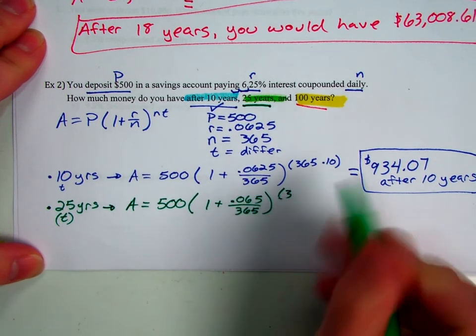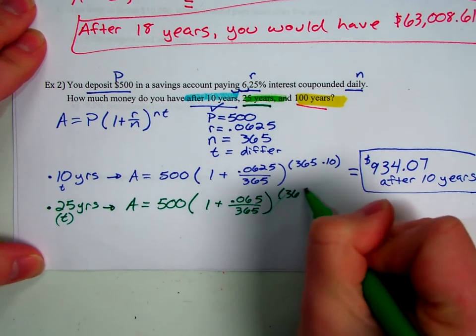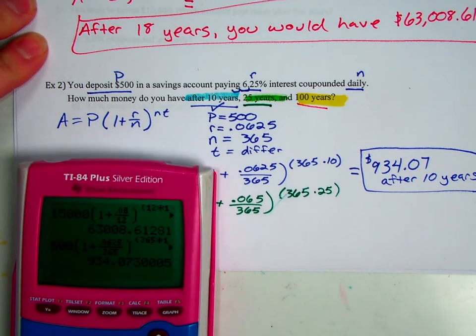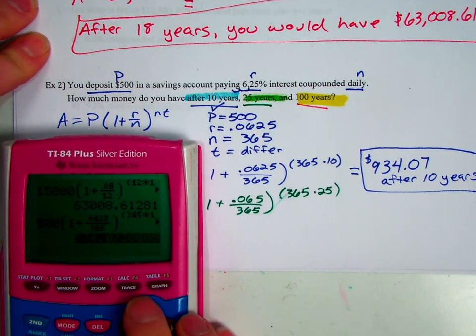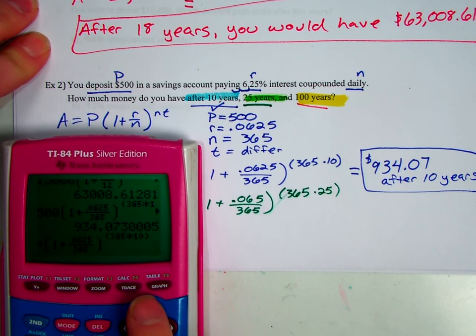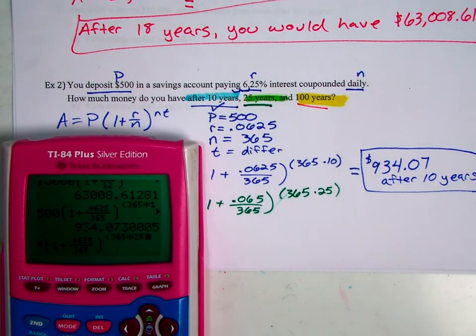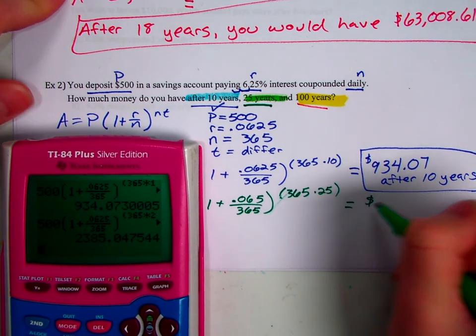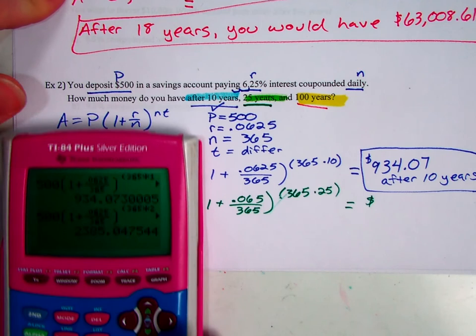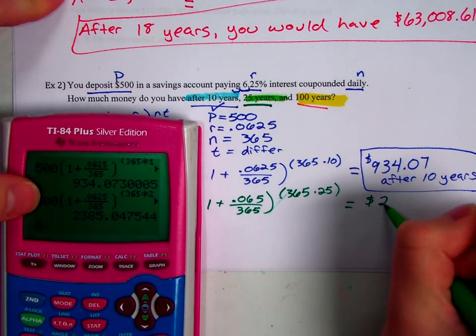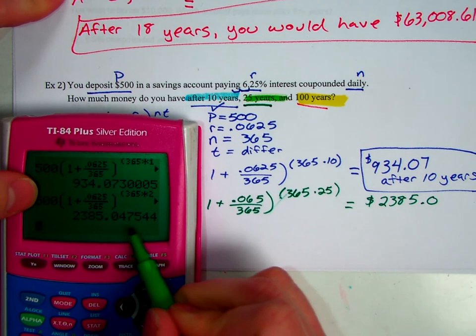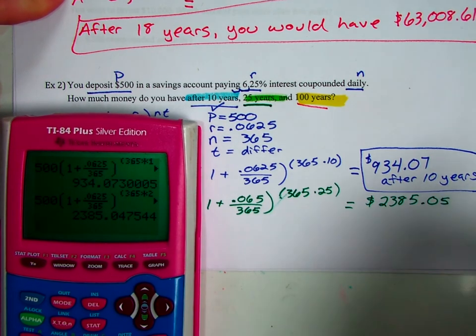So the only thing I need to change here is that this is times 25 instead of times 10. So when I pull up my calculator, to be honest, I can just scroll up, press enter. It'll copy the exact formula down, and then the only thing I need to change is instead of 10, it is 25 for time, which gives me $2385.0, not 4, but 5, because the 7 makes the 4 become a 5.